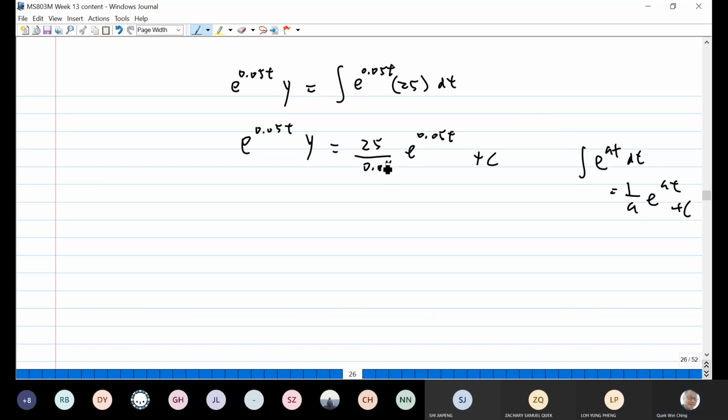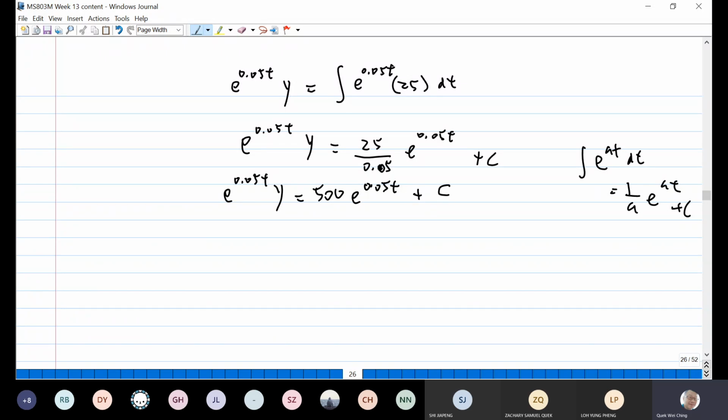Now 25 divided by 0.05, you get 500. So e^0.05t y equals 500 e^0.05t plus c.